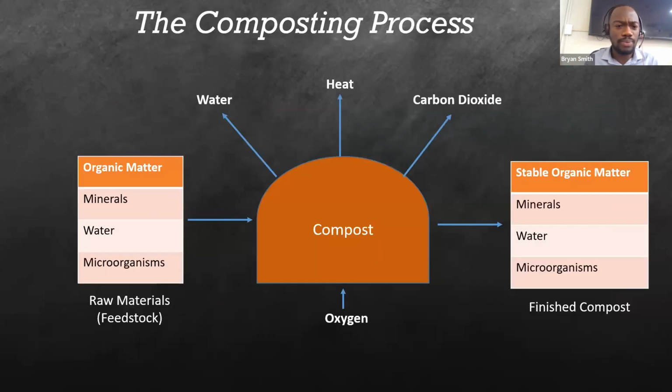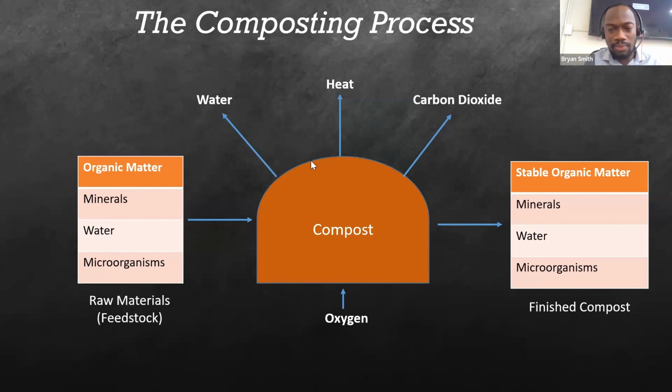And so really, when we look at the composting process, what we're seeing is that we're inputting some raw organic matter, feedstock, waste. We have some nutrients in that organic matter as well. We add our water. We have our microorganisms coming from our organic matter, such as our compost. And then when we mix everything, and we have oxygen in the air, in the pore spaces, we start to have what?